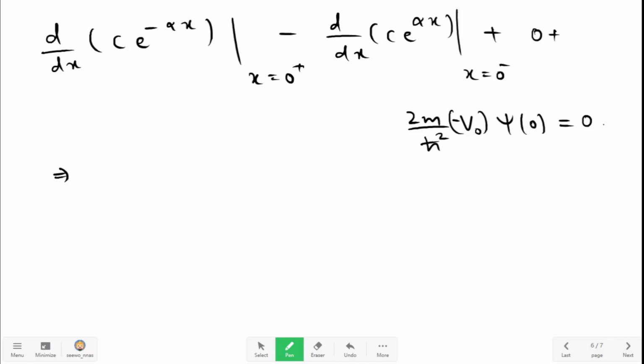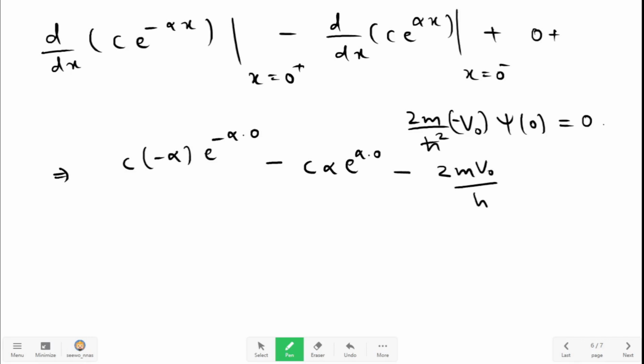Therefore from here we are getting c times minus alpha e raised to minus alpha times 0, minus c times alpha e raised to alpha 0, minus 2m v naught upon h bar squared psi of 0.